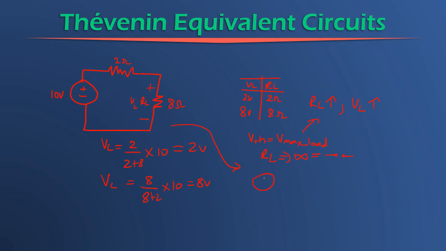So the circuit then becomes a voltage source, a resistor, and an open circuit. And we are now looking for that voltage VL, which in this case will now give us VTH, because the load resistor has been replaced with the open circuit. Will this be the maximum voltage of the circuit?